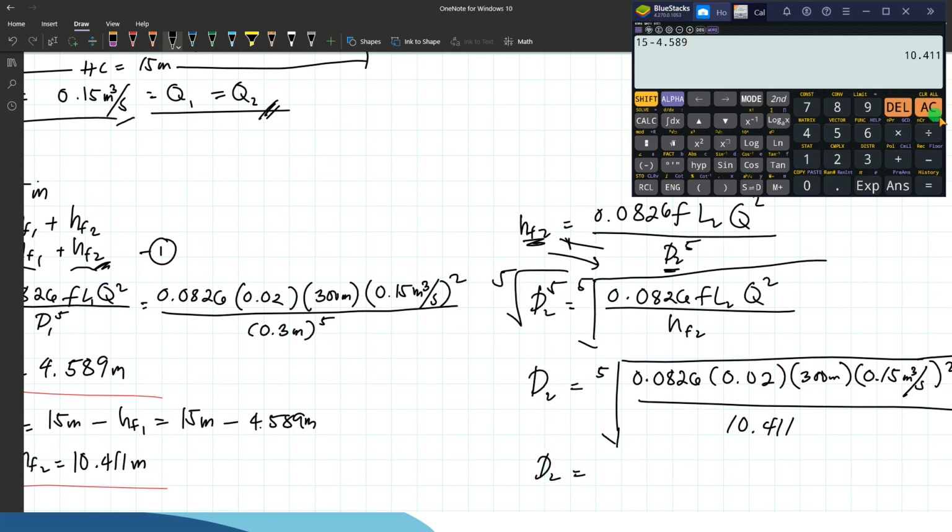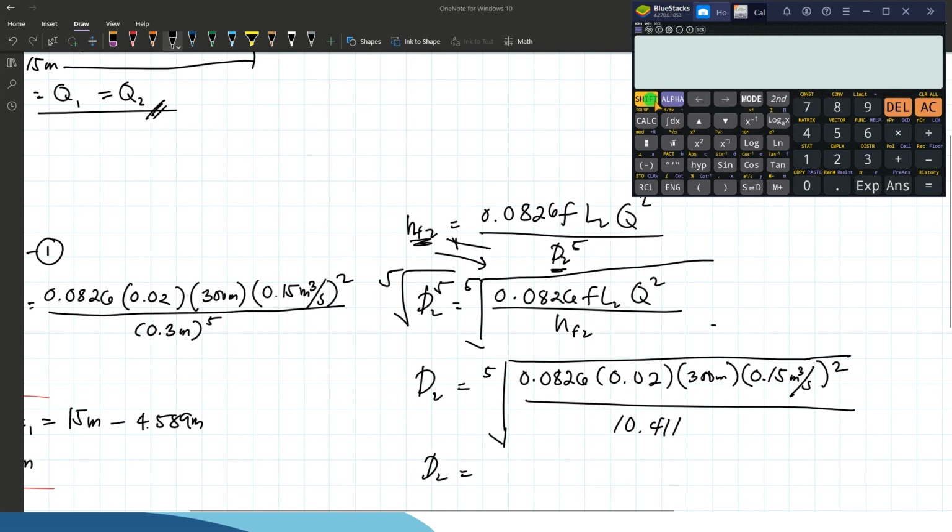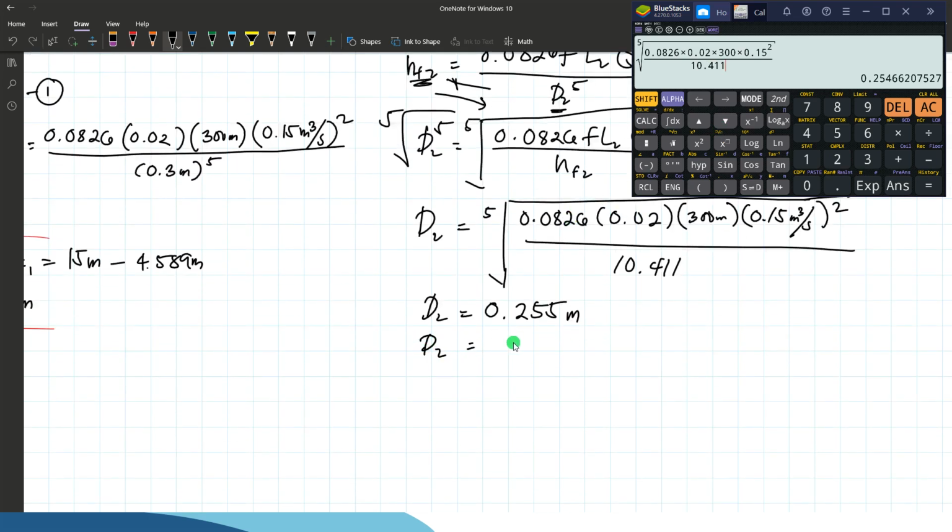The diameter of the second pipe is 0.255 meters, or in millimeters, just multiply by 1000, 255 millimeters. So this is your final answer.